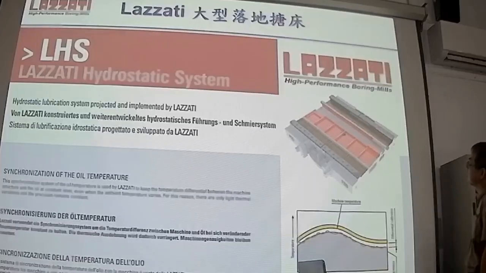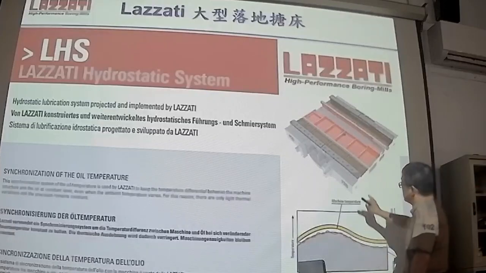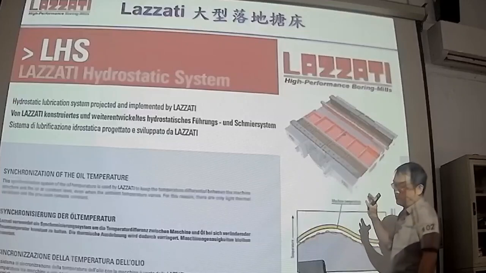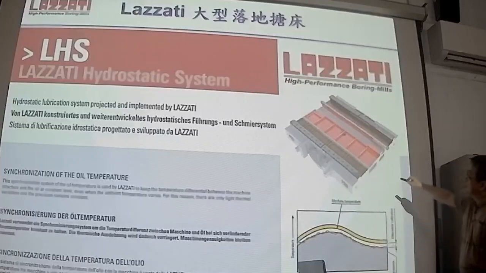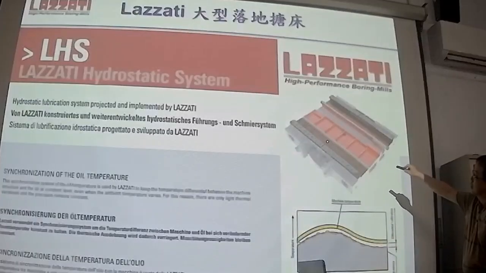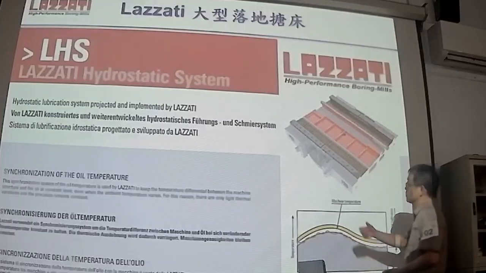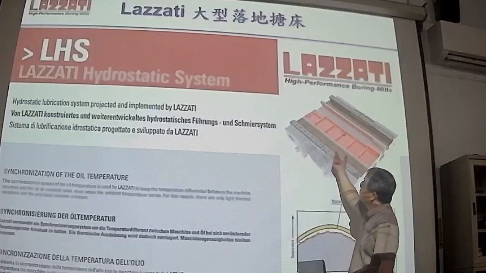Okay. On the edge, these two are the smaller recesses. In the center, you have the two larger recesses. This is the big one.